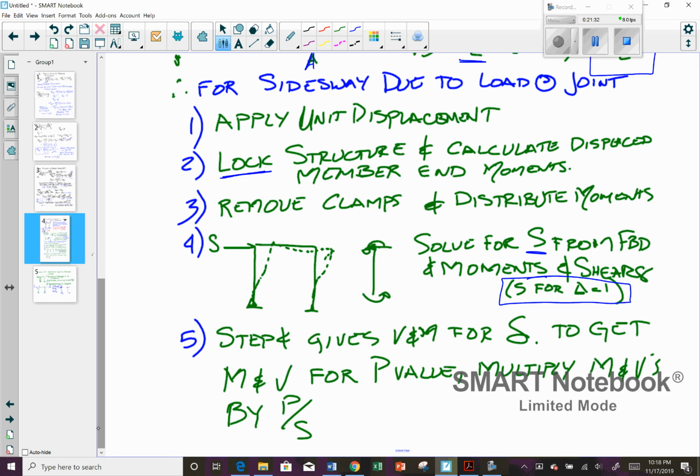Step 4 gives the shear and moment for S. To get M and V for the P values, multiply the M and V diagrams that you get by P over S. So you solve for S, and then you multiply by the actual load over the ratio of the S that you did apply.